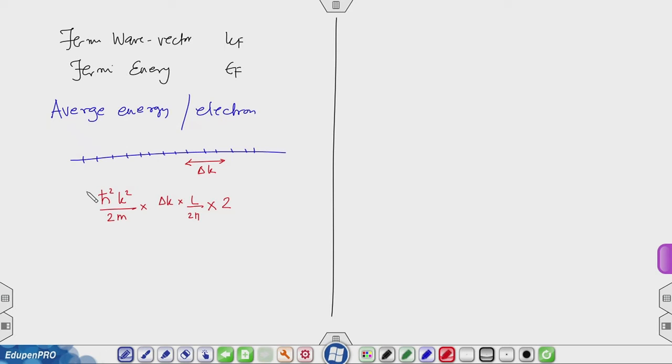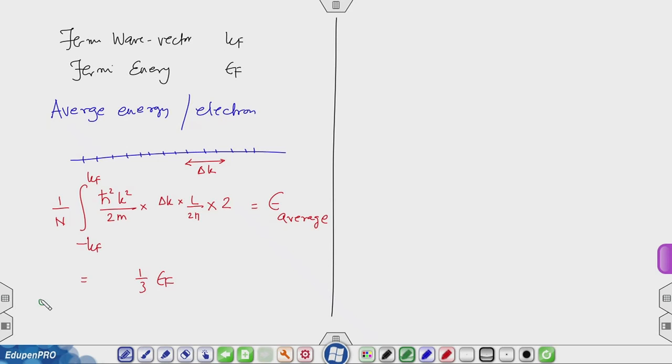I integrate this from minus kf to kf and divide by n, that is E average. And you carry out this calculation, and you are going to get equal to 1/3 epsilon f.